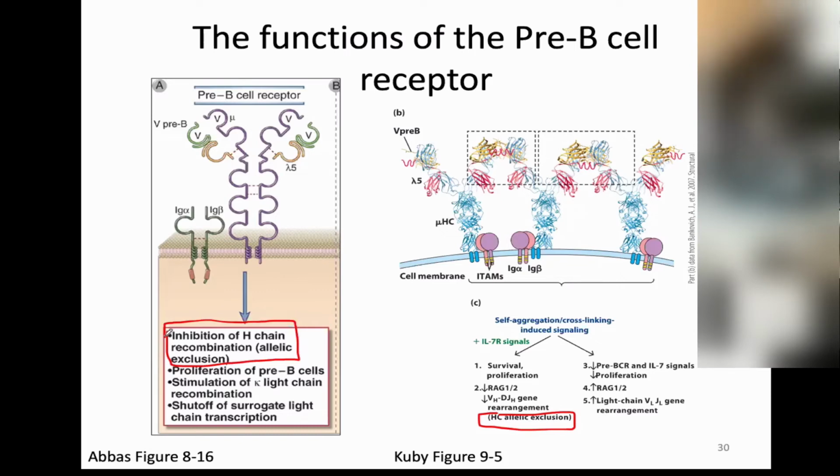That means we can't do any more VDJ recombination. Previously we were doing VDJ recombination. We were trying to make a heavy chain. And now we've turned off RAG. We can't do any more VDJ recombination to make the heavy chain.